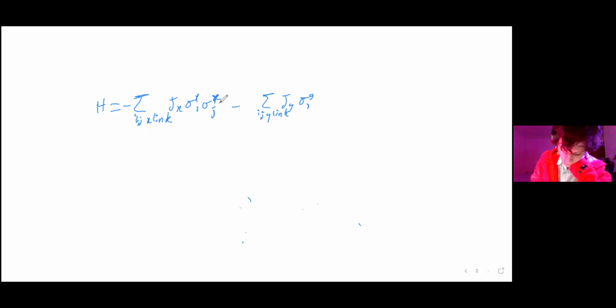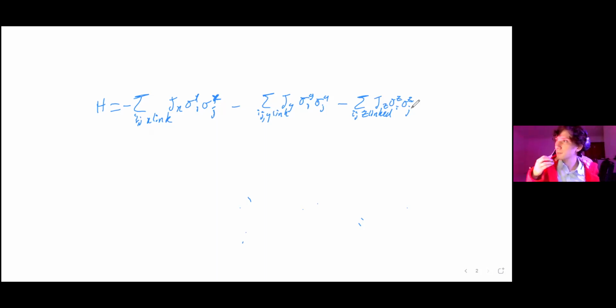That should be sigma j x. And lastly, there's the z direction. So we have different strengths of spin coupling in each of these 3 directions.